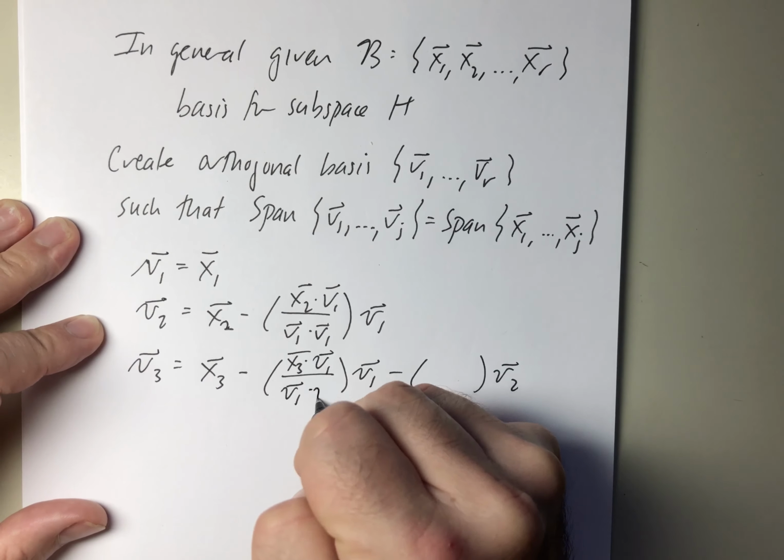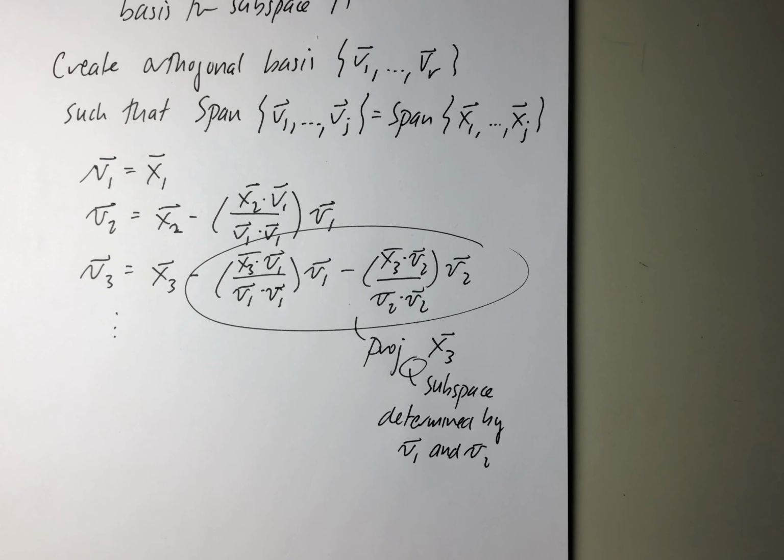So this, again, is the projection of x3 onto the subspace determined by v1 and v2. Okay, and dot, dot, dot. So now if you had 100 vectors, you'd keep doing this, it would get a little bit nasty, but in the end, you get your orthogonal basis.